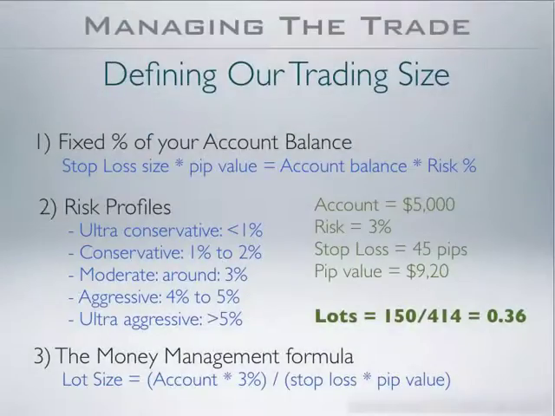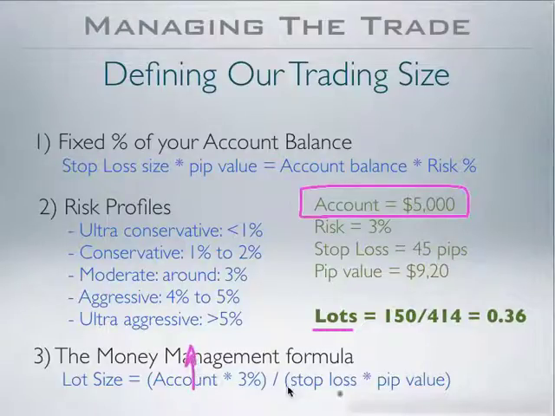Finally, you will of course notice that the bigger our account size is, the more funds we have at our disposal, the larger the trading lot size. If this goes up, this is going to go up. Conversely, the larger the stop loss is, basically if this figure up there goes up, then the lot size is going to be reduced.